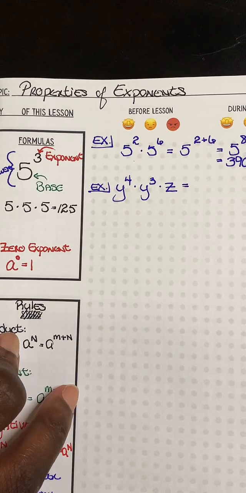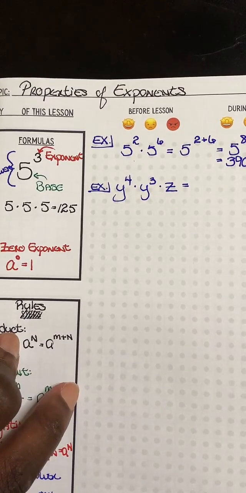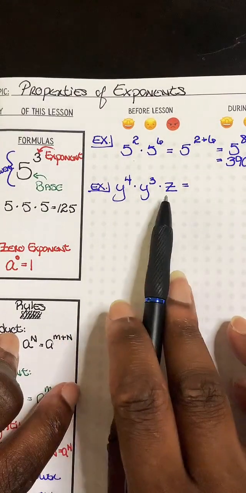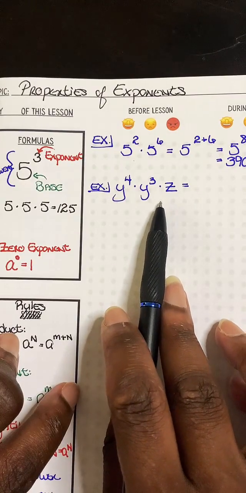You don't have to put the x for the times because some people might read it as y to the 7th xz, and you're like, wait, where's the x coming from? So you don't have to put the times, just put the z right next to it. Don't worry about the x for multiplication, because when you don't see a plus or minus in between variables, that means multiplication.